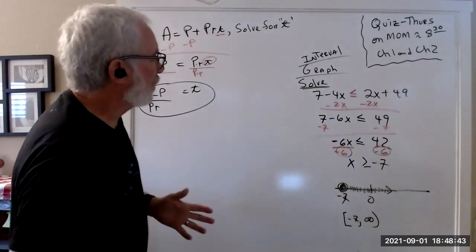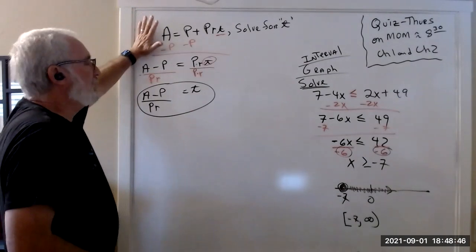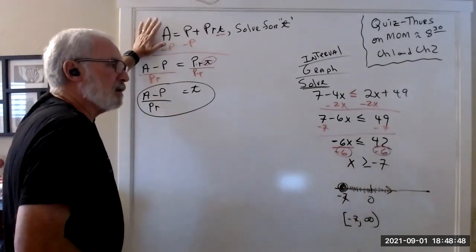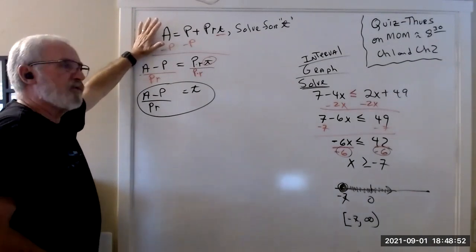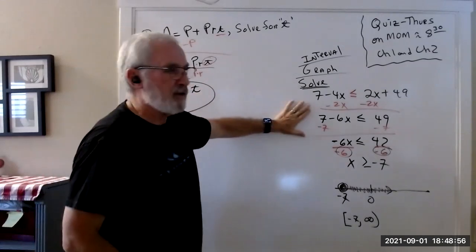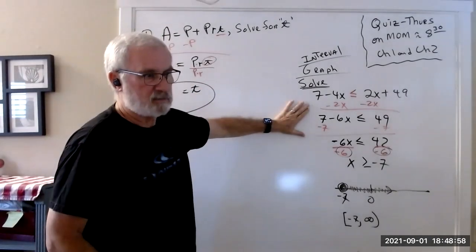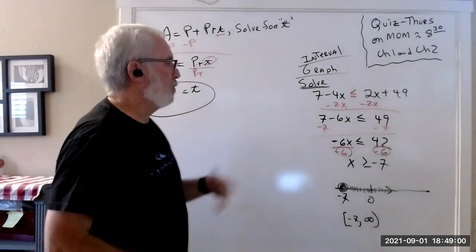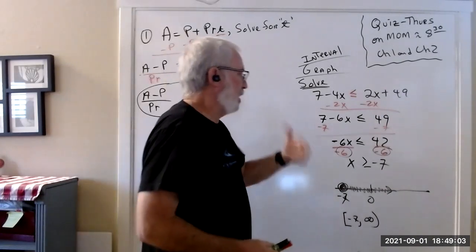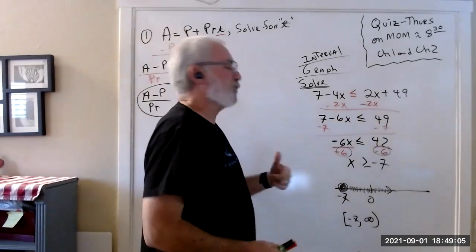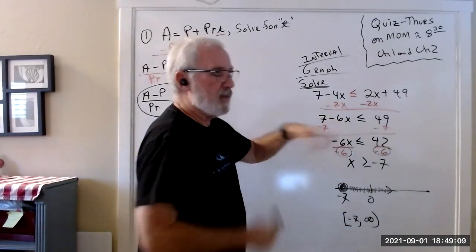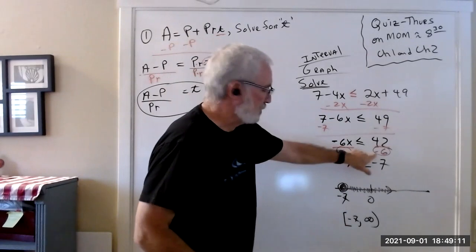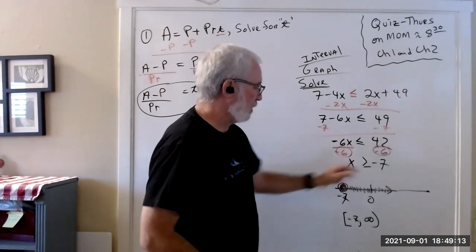So those are two problems: a formula, rather, that you're told to solve for a certain variable, or a basic inequality. The key was you're not required to, but I strongly suggest you always get X on the left-hand side. And then the rule was if you divide both sides by a negative, you have to flip the inequality symbol.